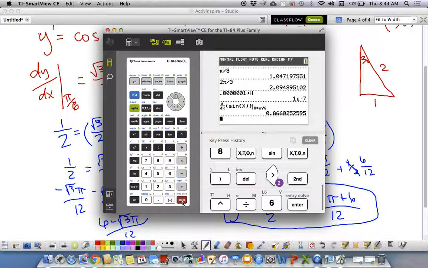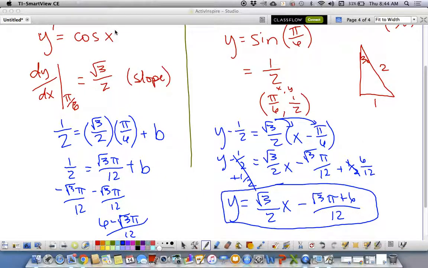Alright, so when it gives you that decimal, all that does is give you that square root of 3 over 2. So then you just plug that in. But they still want this equation. But is this an equation? No, that's your slope. Does that not look like an equation?